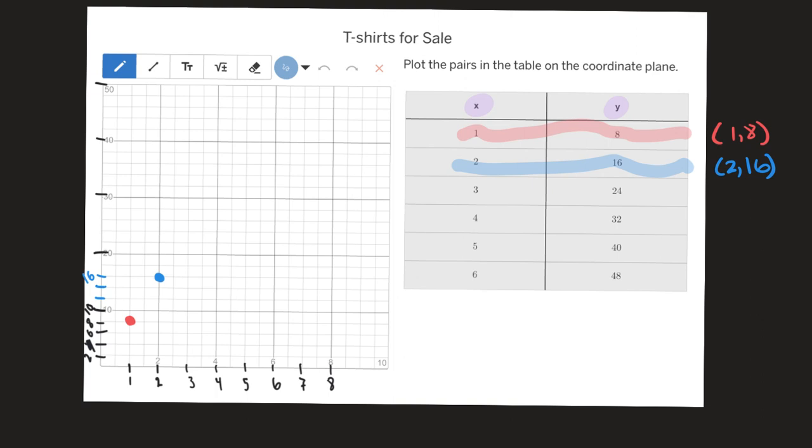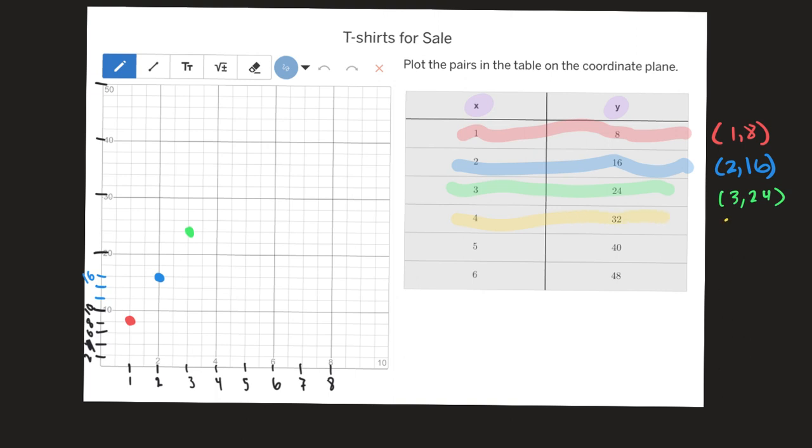Next, we're going to plot the point 3, 24. So if I plot the point 3, 24, we've got 3 and then 24 is right there. Then we got the point 4, 32.